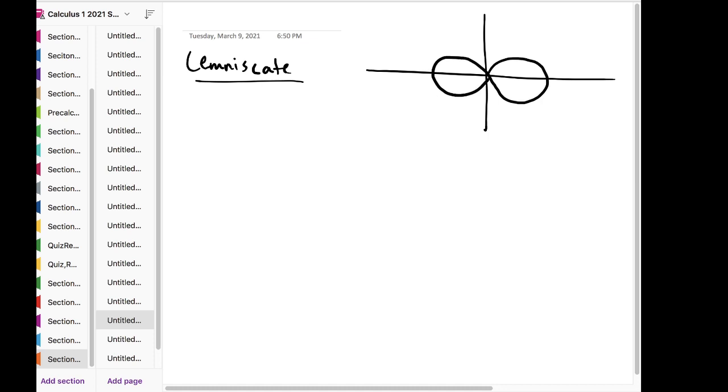Here's the general form. This one's a bit more complicated. x squared plus y squared, squared, is equal to 2a squared times x squared minus y squared. So what is a? a is here and here. There are two foci, and these are actually generated by the hyperbola. So there are hyperbolas here.